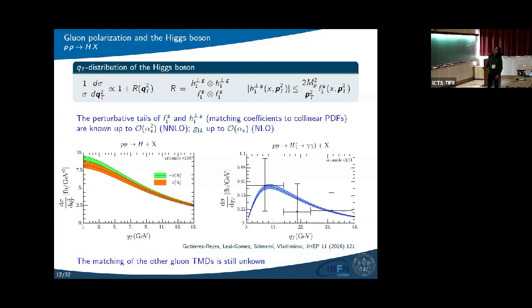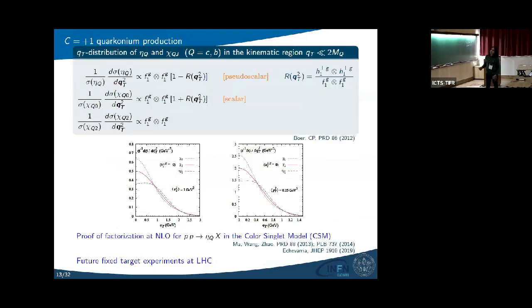And we know that for quarkonia with J equal 2, the effect of linearly polarized gluons is suppressed. So we have this kind of red curve here for chi_c2, while for chi_c0 we have to add this R term, which is a convolution of h1perp with itself, and we have to subtract it for a pseudoscalar like eta_c.